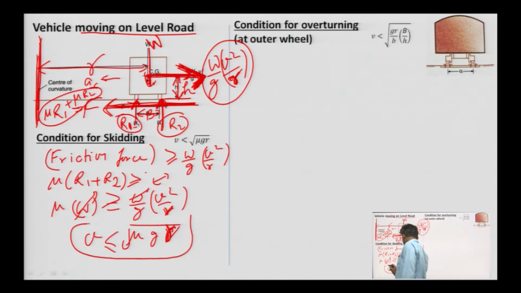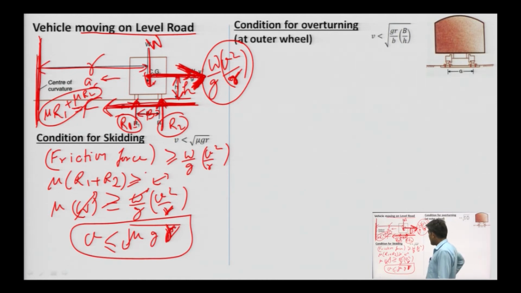If the velocity is less than the square root of coefficient of friction into g into r, then the vehicle is not going to skid; at a higher value than that, it is going to skid. Let us now calculate the reactions.